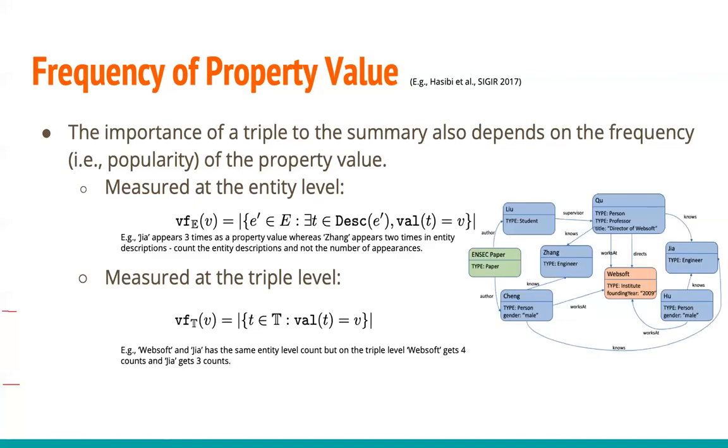So let's look at a specific example. If you take the entity Jia, it appears 3 times as a property value, whereas Sang appears 2 times in the entity descriptions. So if we count at the entity level, Jia gets 3, and then Sang gets 2.